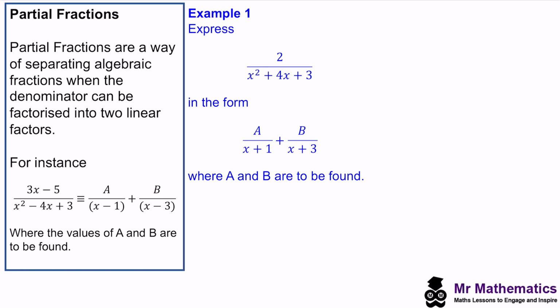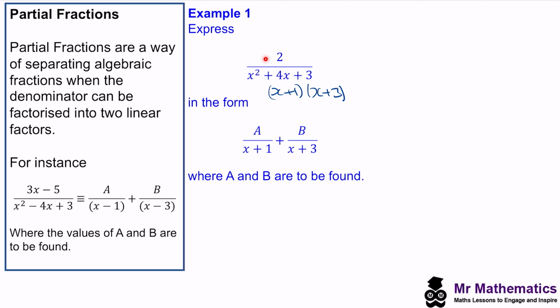Okay, so to start with example 1, we want to express this fraction as the sum of two simpler fractions, each with a linear denominator, where this a and this b are constants that we need to find. So the first step is to factor the denominator of the original fraction, which is x plus 1 multiplied by x plus 3.